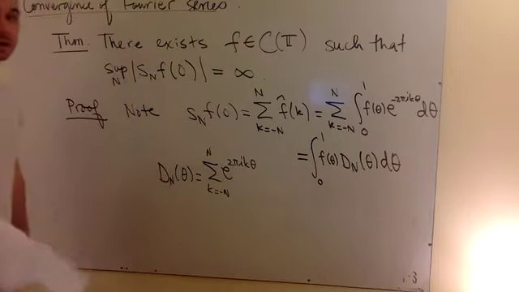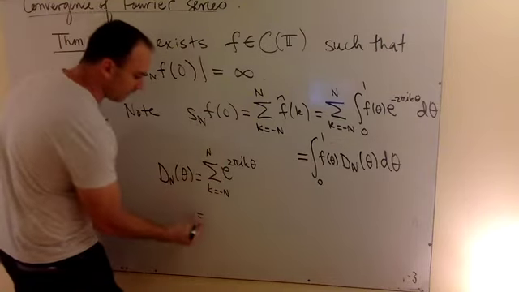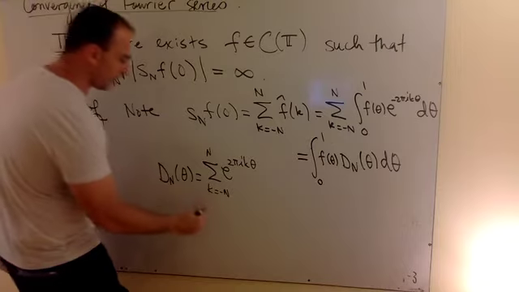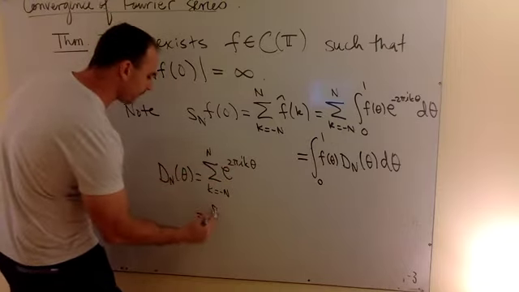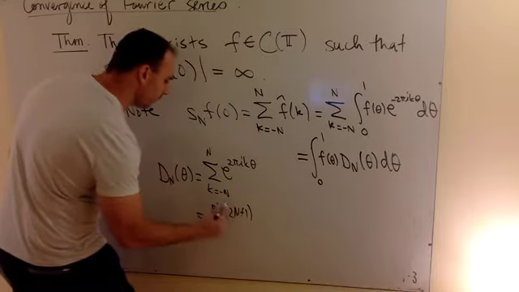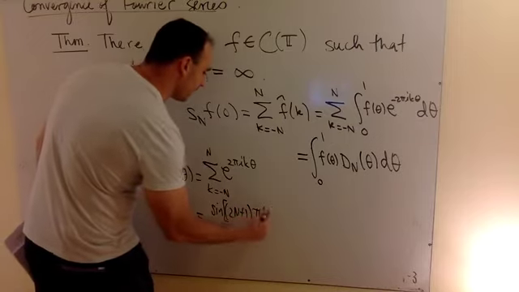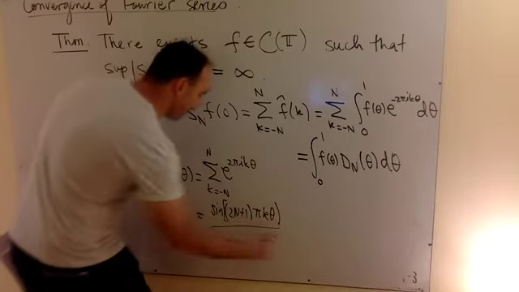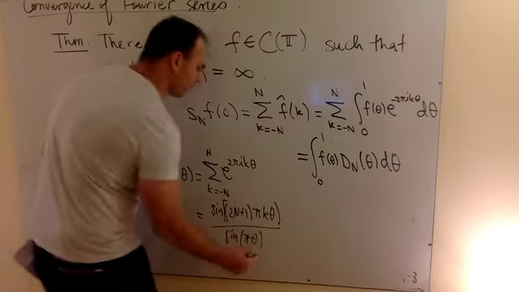And if you recall, we did this long calculation about this thing. If you do a geometric sum, this is equal to sine of (2n plus 1) pi theta over sine pi theta. I think that's the formula we got.